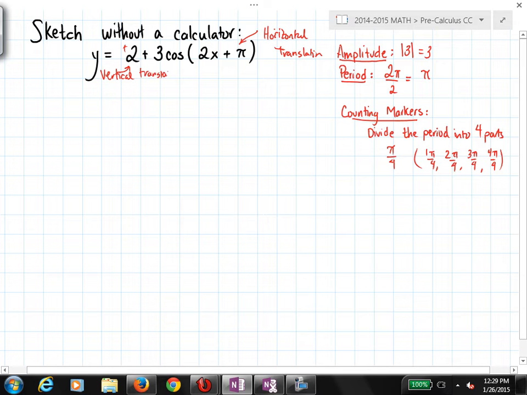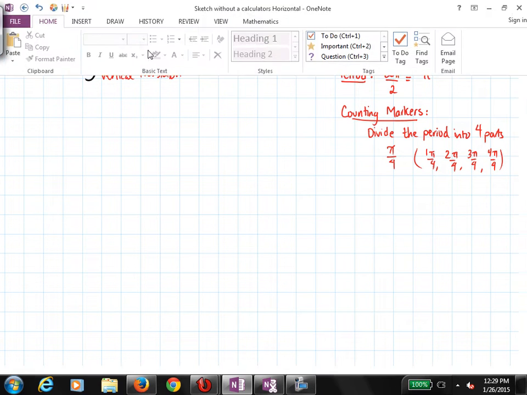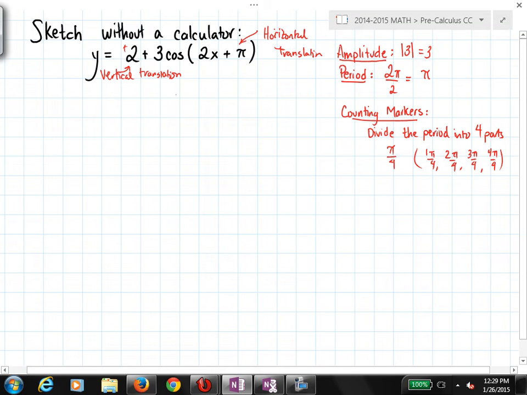But first, I need to sketch the untranslated graph. So the untranslated graph is basically take this portion of the graph and take away those translations. So let's start off with that. In this example, the untranslated graph is 3 cosine of 2x.